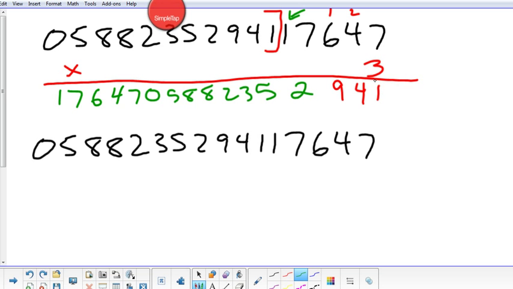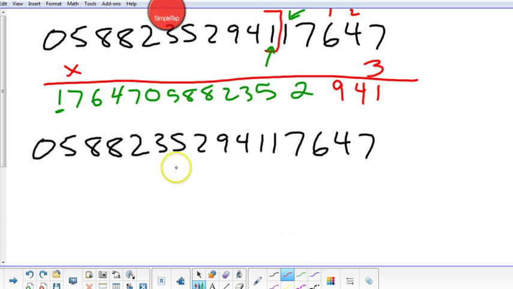Because again, I know it's a cyclic number because it's generated from that repeating long decimal. And I knew it ended in 941 because I did the first couple multiplications. So that has to be the end of the number. So this one is the start of the number, which is why I started here. And then I just wrote the number. I didn't have to do the multiplication.